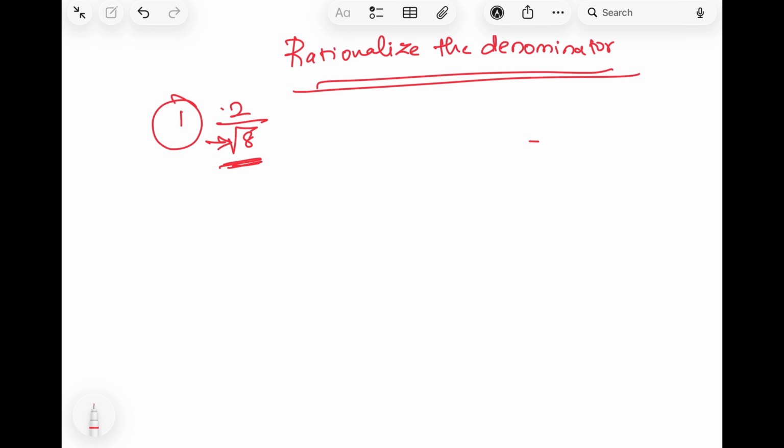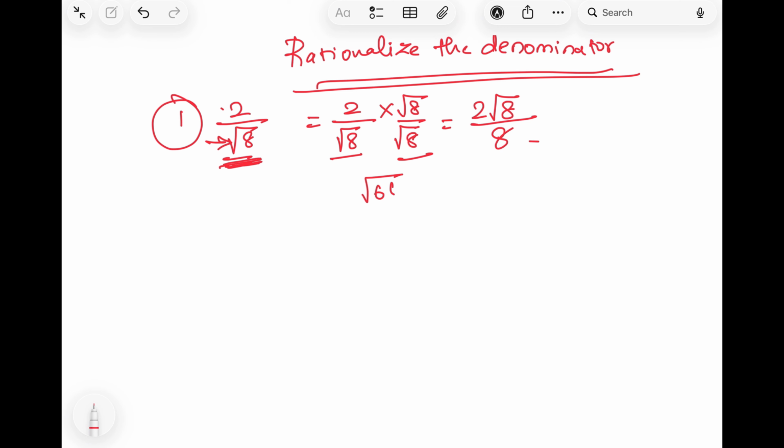The surd is root 8 here, so multiply both numerator and denominator with root 8. In the numerator I'll get 2 root 8, and root 8 into root 8 will become 8, right? Because root 8 into root 8 gives us root 64. What is root 64? It's 8.